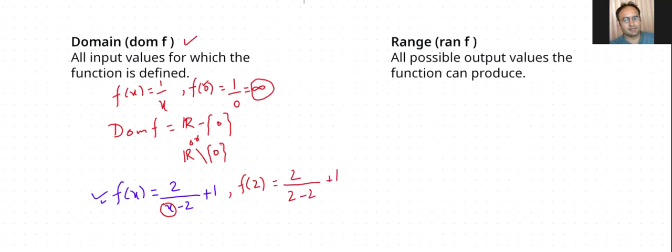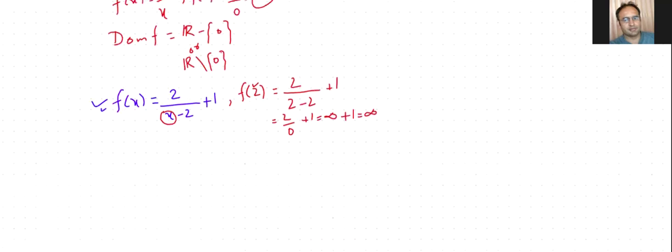This gives us 2 divided by 0, plus 1. 2 divided by 0 is infinity, and infinity plus 1 is always infinity. So this input value 2 gives us infinity, which means 2 is not included in the domain of this function. So the domain of f is the set of all real numbers but not 2.